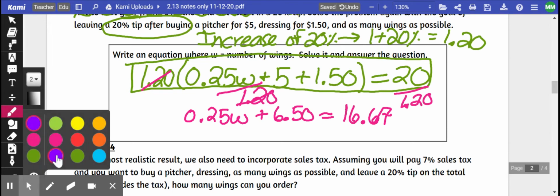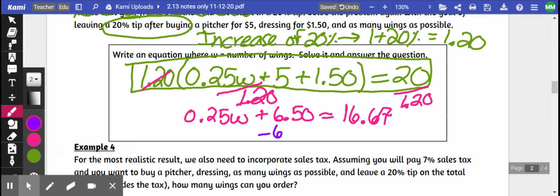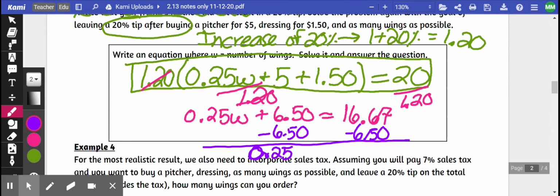The next step will be to subtract 6.50 from both sides. So I get 0.25W equals $10.17.